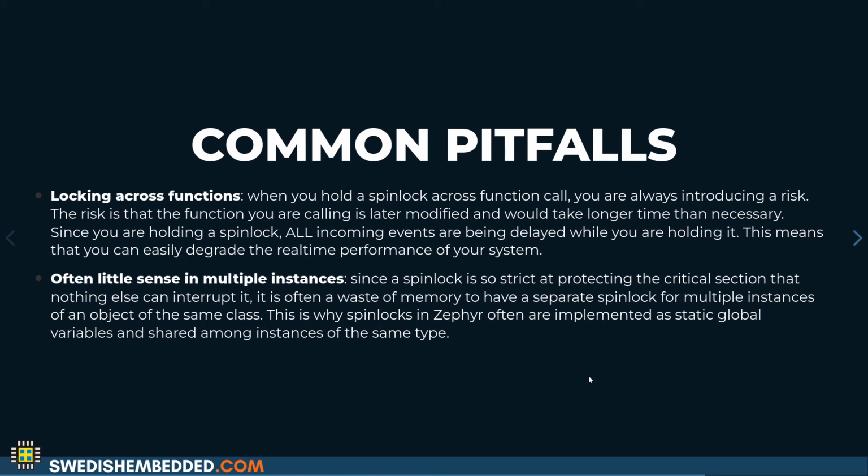The two main pitfalls of spin locks that you would want to avoid is locking across functions. So if you're holding a spin lock across multiple functions, it usually means that maybe you need to simplify your code a little bit so that you can avoid holding a spin lock across function boundaries. Because if you're calling another function, then it's not always clear what that function is going to do, and also what that function is going to do in the future as the application evolves.